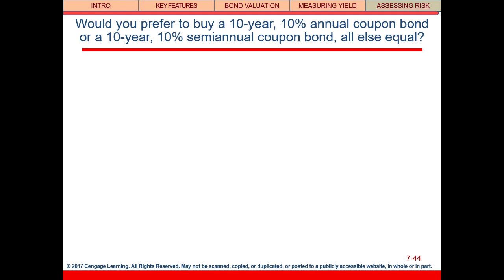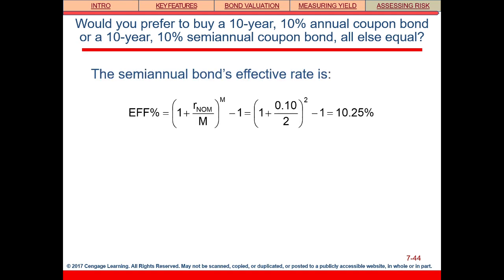We can also compare them using calculations to be more accurate. The semi-annual bond's effective rate is given by the equation we studied before in chapter 5: the effective rate is 1 plus the nominal rate divided by m, raised to the power m, where m is the number of periods in a year, and then minus 1.